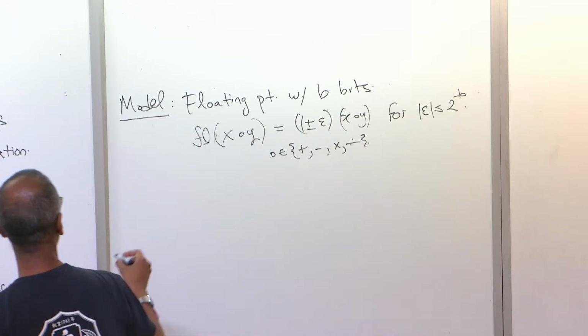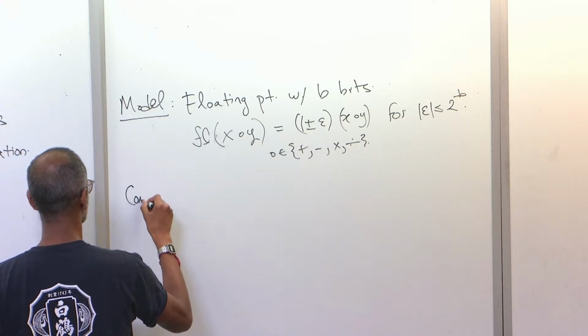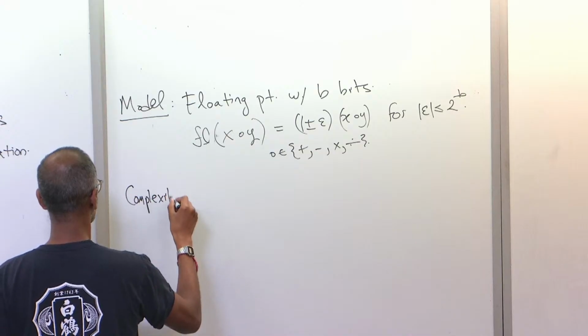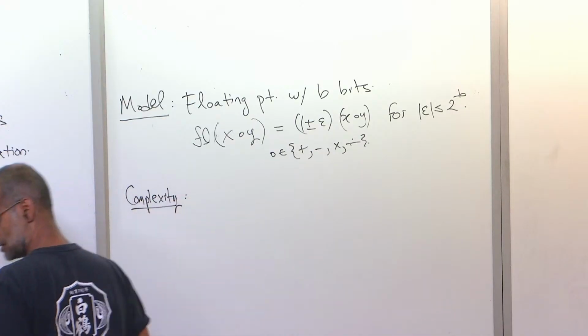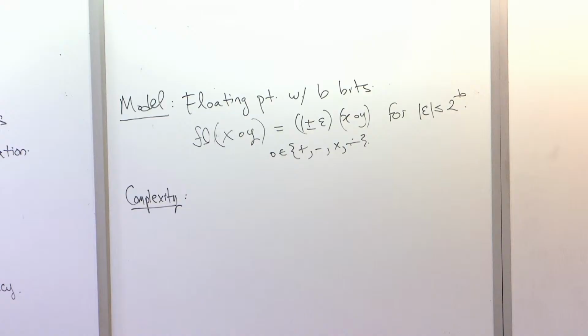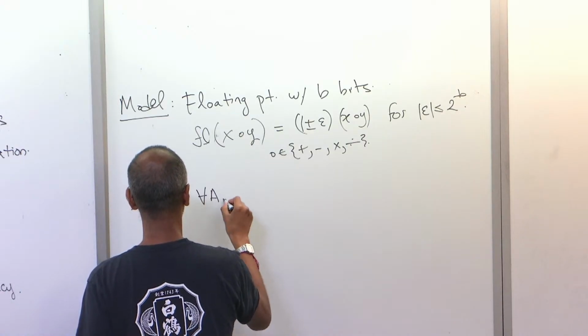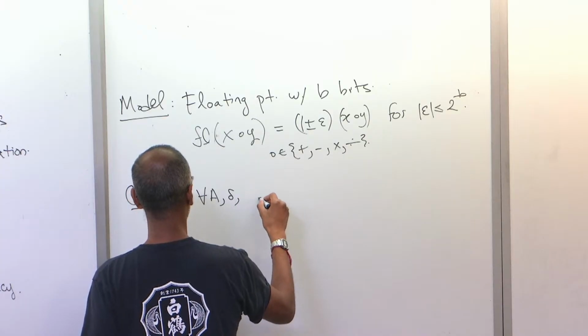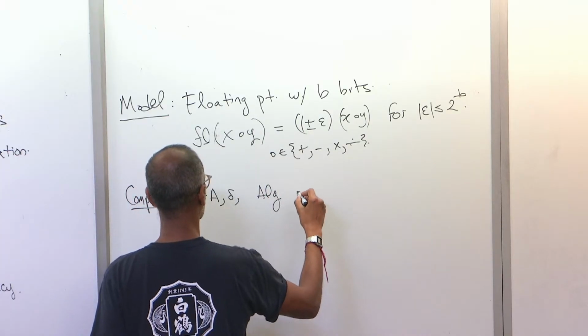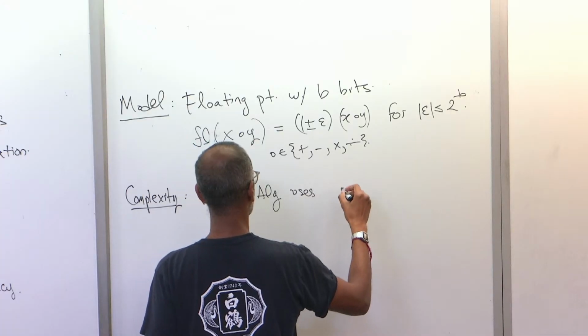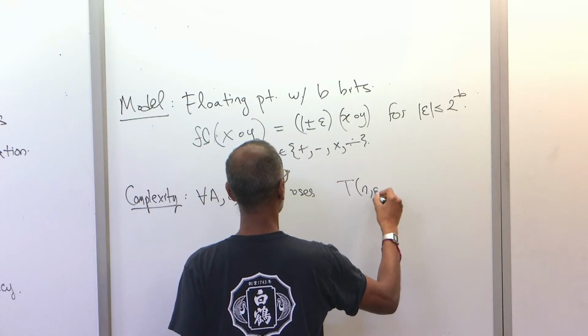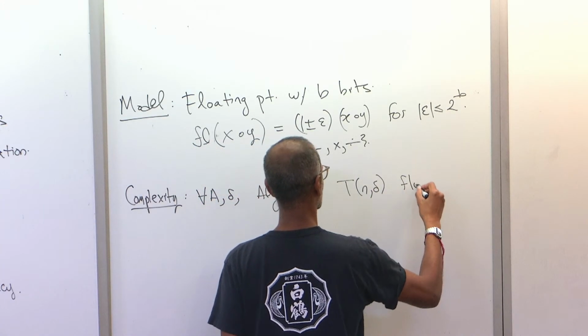And then in this model, how do we measure complexity? It's worst case complexity. What we want is for every A and delta, the algorithm uses at most t of n comma delta floating point operations.